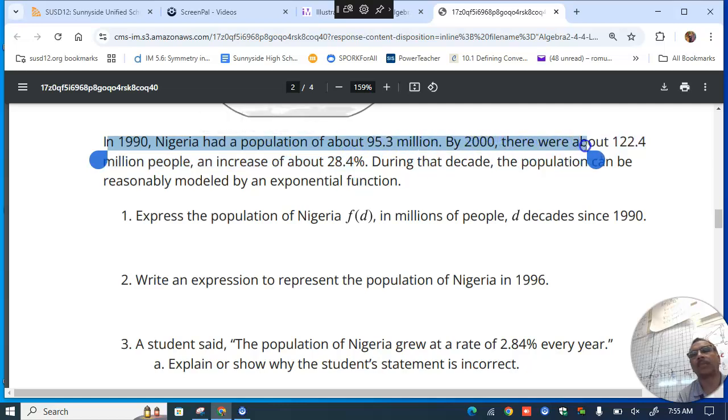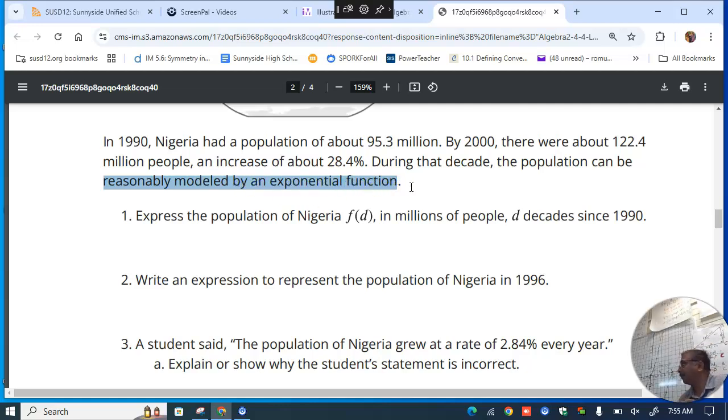By 2000, there were about 122.4 million people, an increase of about 28.4%. During that decade, the population can be reasonably modeled by an exponential function. Okay, so now the best way to do this is to make a table.